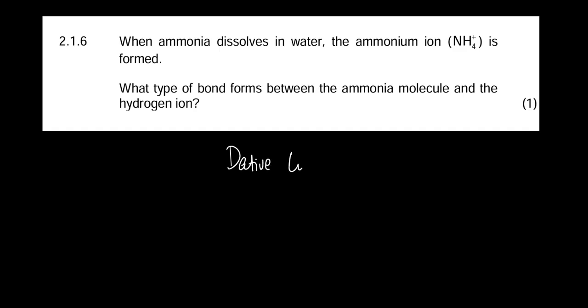Dative covalent bond. And remember that a dative covalent bond exists in NH4+, and also in the hydronium ion, which is H3O+. Sometimes they'll ask you to show the formation.